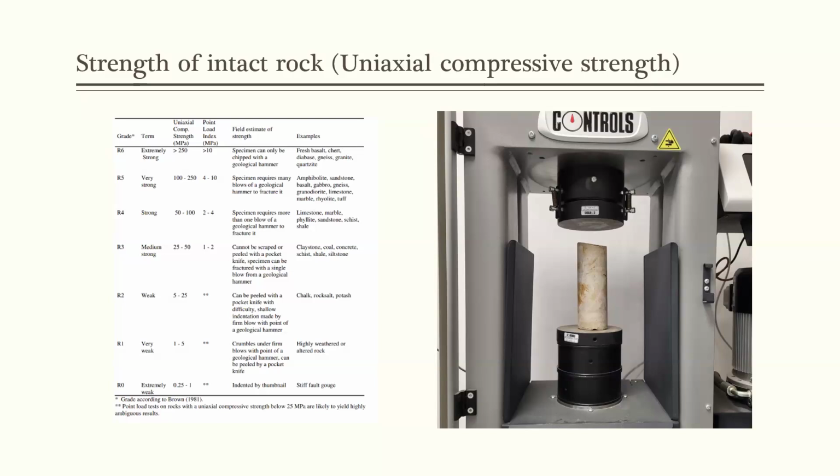Lower uniaxial compressive strength is usually associated with softer rocks, which are easier to fragment, resulting in smaller fragmentation sizes, more fines, and easier blasting, which is also debatable in the sense.